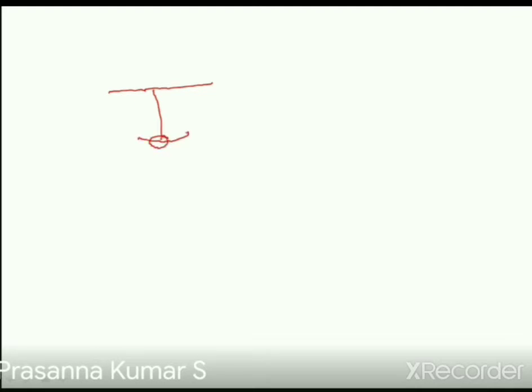When this is allowed to move, it swings on either side. This is probably the extreme end. So it swings like this. Now, if you call this plus x, and this is minus x, it goes like that, and ultimately it will stop.